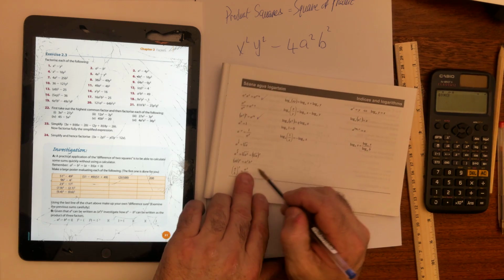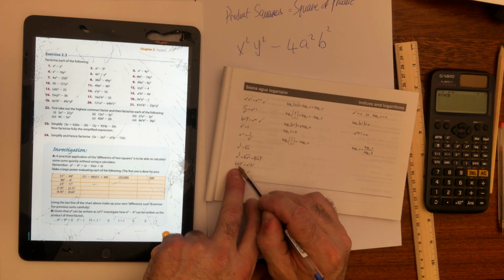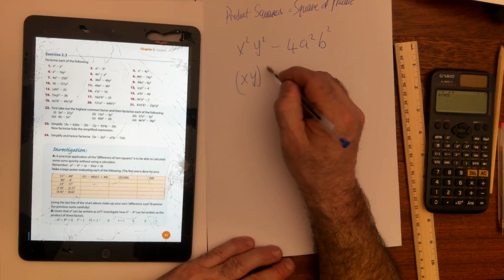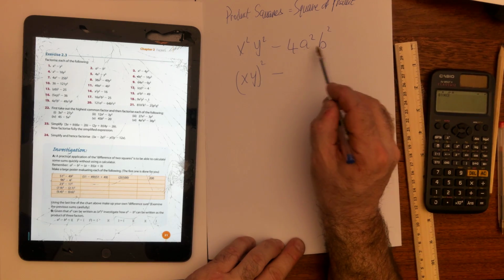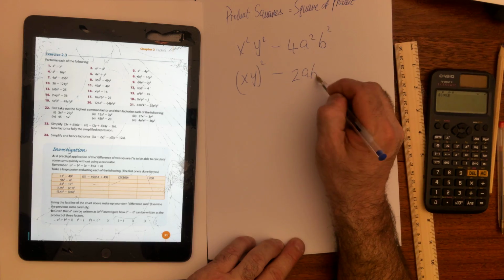Here we have it in reverse, so you have the power of two bases is equal to the product of the powers is equal to the power of the products. In other words, that's just xy in a bracket squared minus, now a little bit more going on here, we have the ab, we also have the 2 from the square root of 4, so this becomes 2ab.